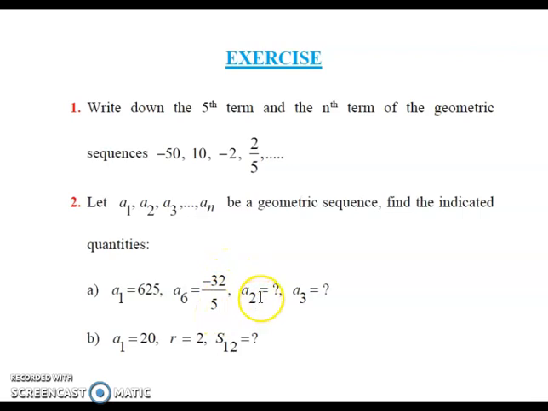Find a2, that means the second term, and a3, the third term of the given geometric sequence. B question, a1 is equal to 20, that means the first term of the geometric sequence. Common ratio r is equal to 12. Find S12, that means the sum of the first 12 terms of the geometric sequence.